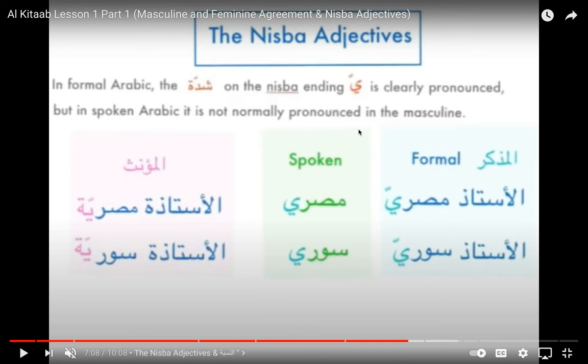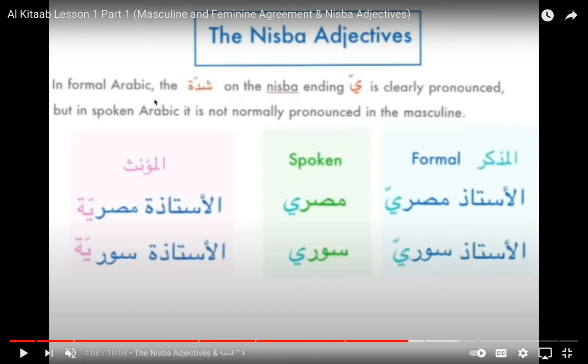You are related to your country or to your city or to your state. So, for example, in English, you will say American, Canadian. In Arabic, we do this.